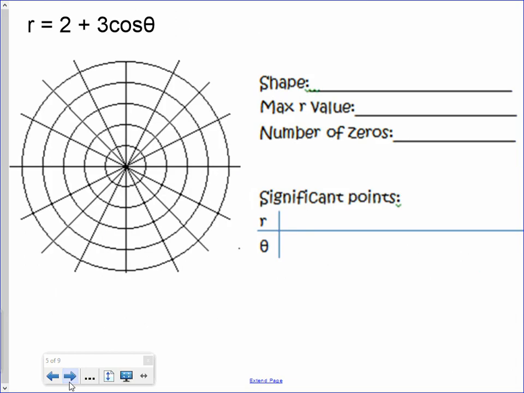We've got r equals 2 plus 3 cosine theta. We're going to be asked to do very similar work that we were doing yesterday with circles and rose curves. There are a few differences today, just because, of course, we're working with a different function.